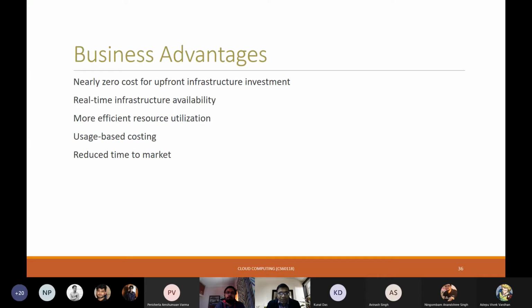In cloud, because of the way it is modeled, you have already seen some overall architecture of how cloud works, but we'll deal more with it in the subsequent lectures, and it will be apparent that what cloud offers is not only real-time infrastructure availability, but around the clock and anytime, anywhere, with almost negligible maintenance. So you get all these cloud resources. And clubbed up with the previous point, there is no upfront infrastructure investment.